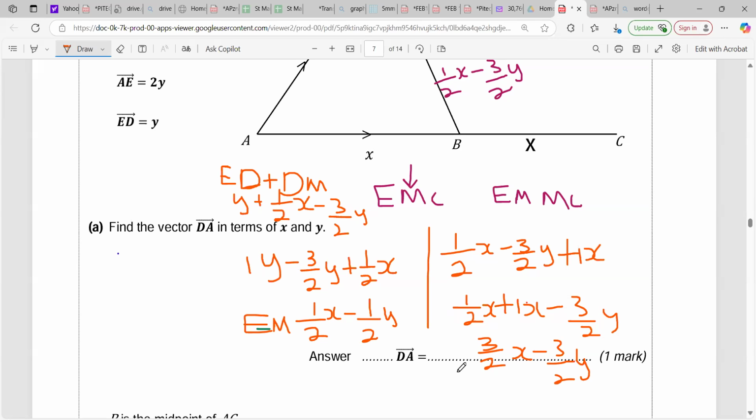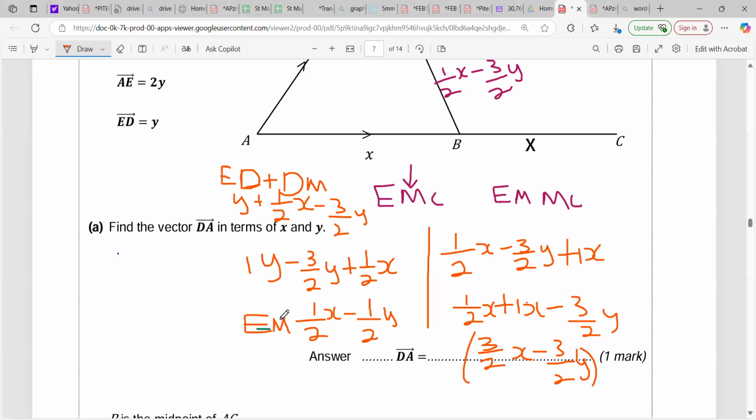They call it a scalar factor. So if we multiply this by 3, we get this. So it is proven. So that's the criteria.